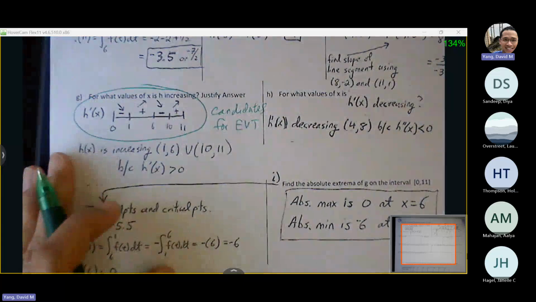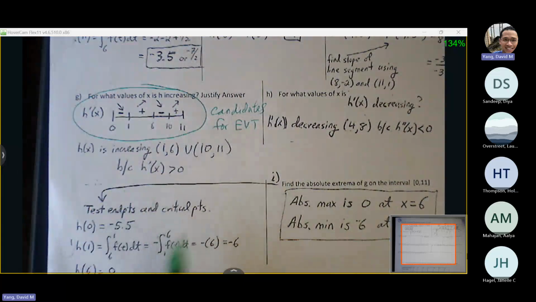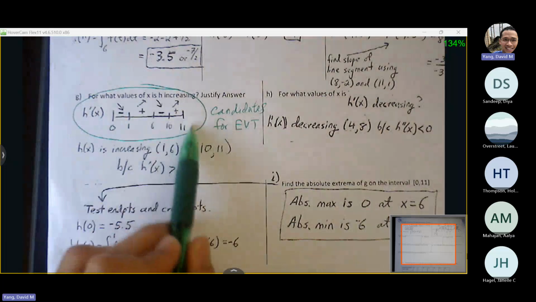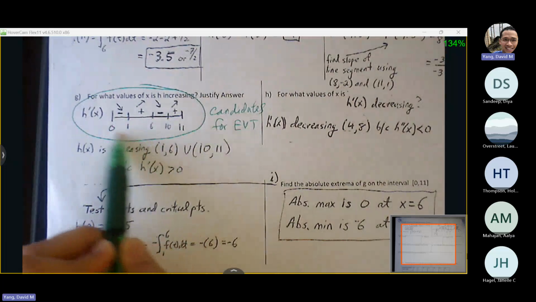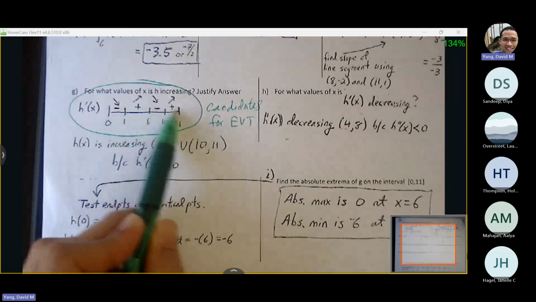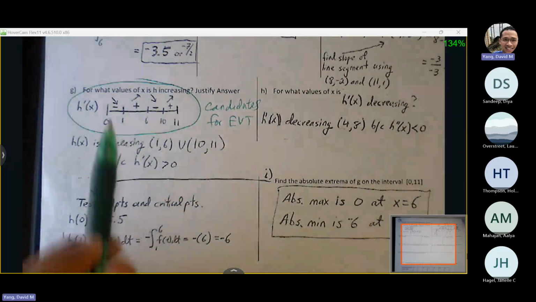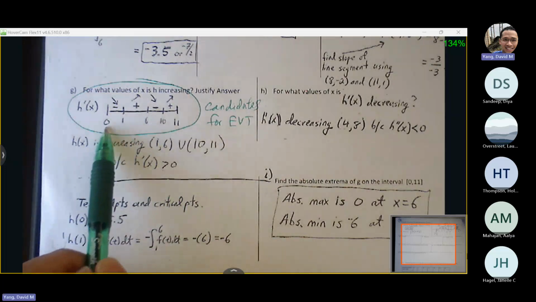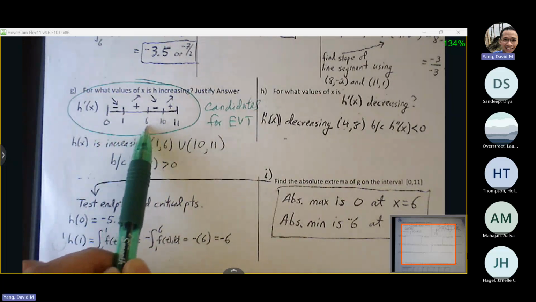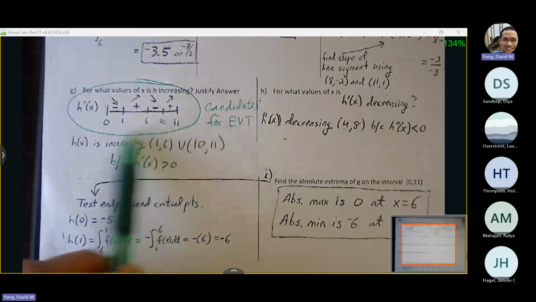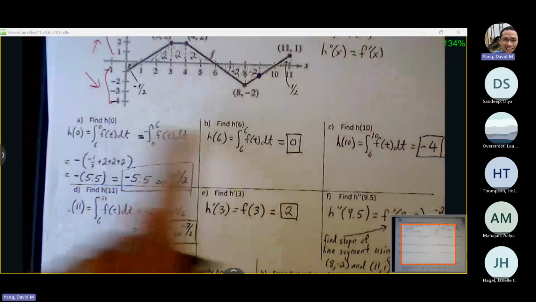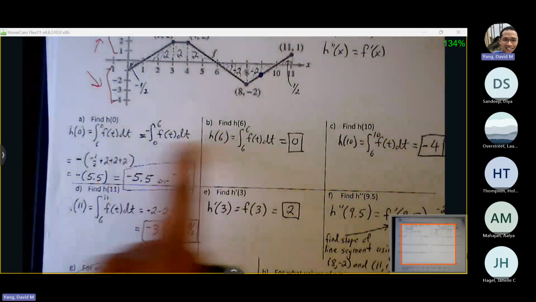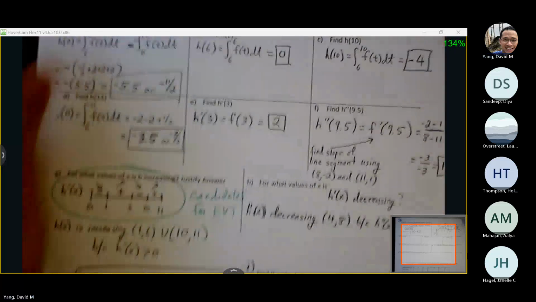Okay, so we're not just testing every number between 0 and 11. I want to see that you're testing the numbers that are coming from your candidate list. So we need to find H of 0, find H of 1, find H of 6, 10, and 11. And the nice thing here is that we found all those from above, so we can just carry all those numbers down.